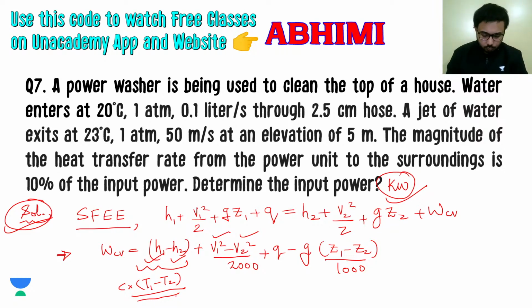So C will be 4.18 and the temperature difference is 3, but it will be minus, plus V1 square, V1 is 0.2 square minus 50 square, which is already given in the question, divided by 2000, minus 9.81 times (Z1 minus Z2), which is minus 5, because Z2 is greater than Z1 by 5, divided by 1000.